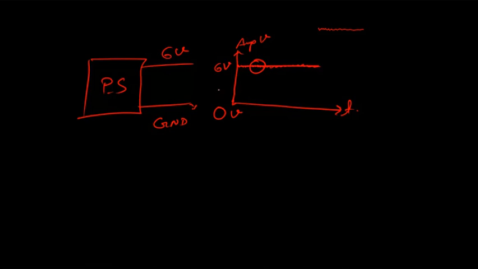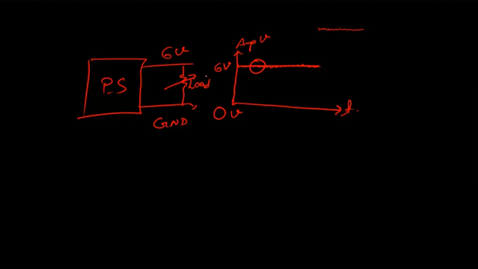Actually, it is not possible to design a pure DC voltage supply, because every supply will have its own ripple. There will be some small ripples in nanovolts or microvolts, and they also change with respect to the load that you are connecting.